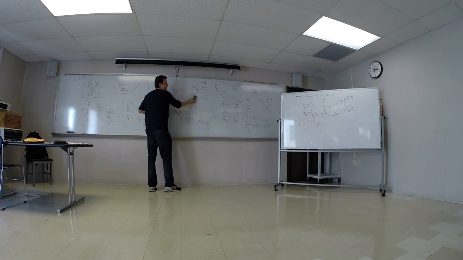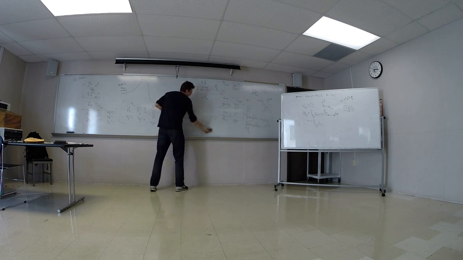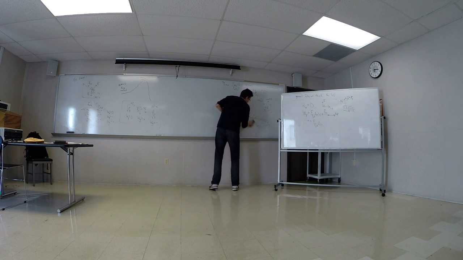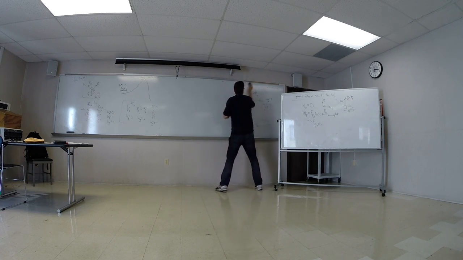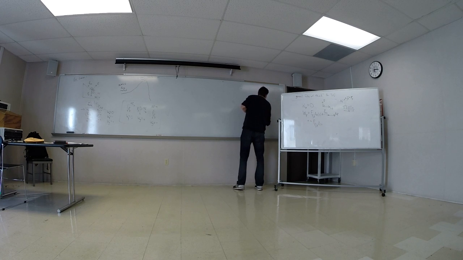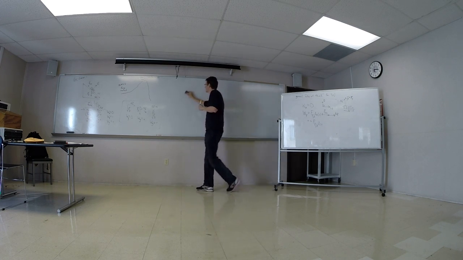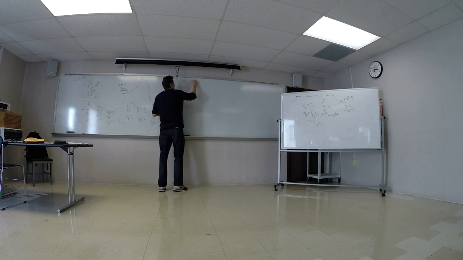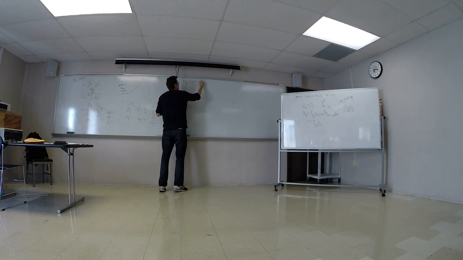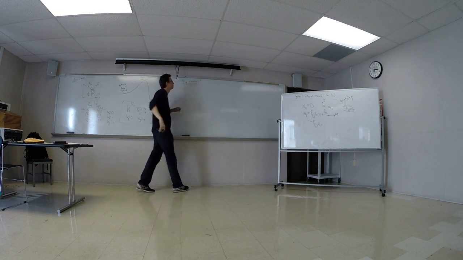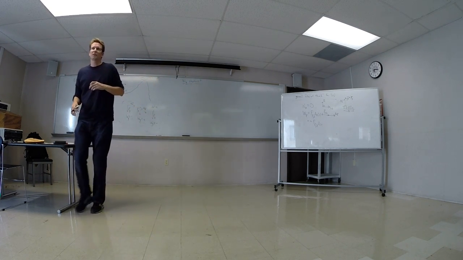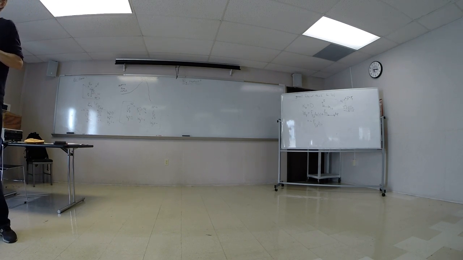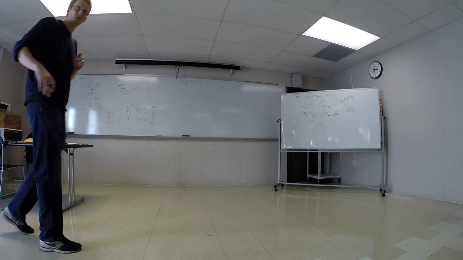So let me see if in the next few minutes I can do something with that, and then we'll break. I want a work done by gravity shortcut. Is there some magic silver bullet that I can use to very quickly calculate the work done by gravity in any circumstance?